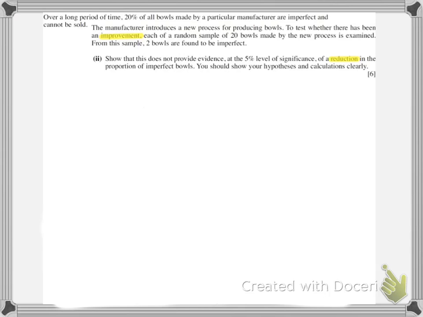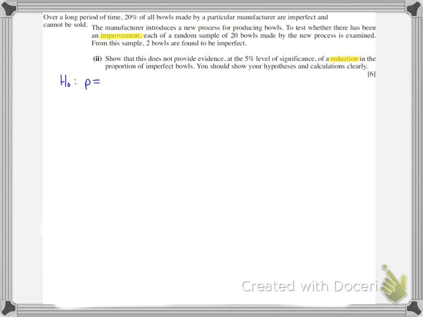So let's get that written down. What we're saying is for the null hypothesis that p is the probability that we were given in the question, so 20%. We're going to look at our sample and see whether it gives us evidence that in general it's still 20% of the bowls that are imperfect, or there's actually been a reduction in the proportion.